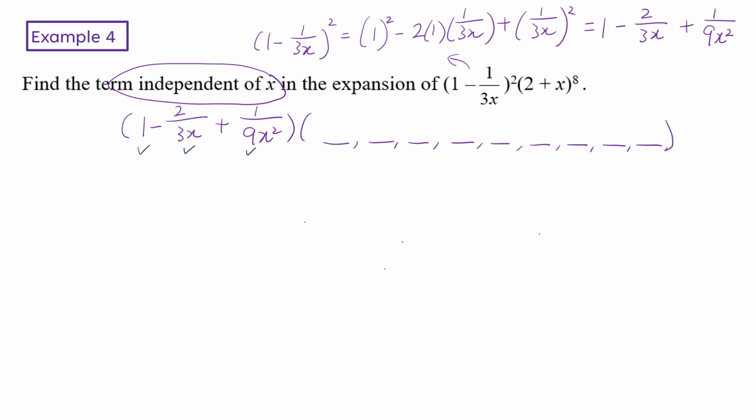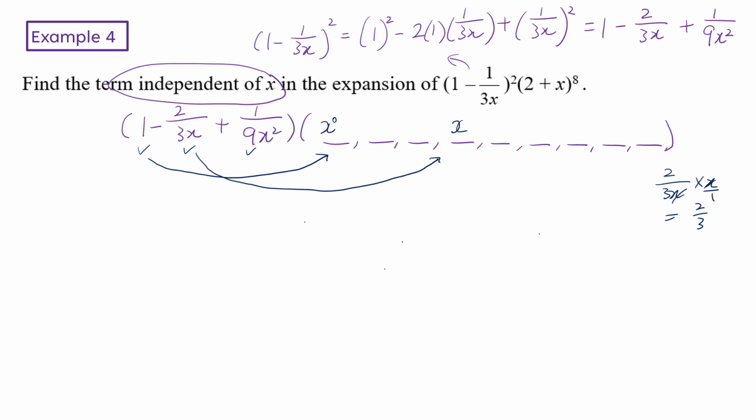To get independent of x means this one I would multiply with the x to the power of 0 term here, and this one here I would multiply with the x term. Why? Because 2 over 3x times x, the x and the x cancel off, giving you the constant term. Basically, independent of x means I want the constant term.